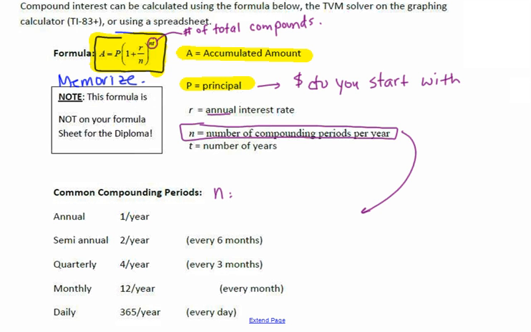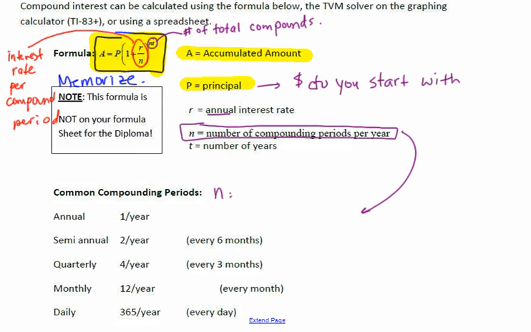So this value is the interest rate per compounding period. Once we get that, we add 1, because the 100% plus the interest rate is going to be the value at the end.